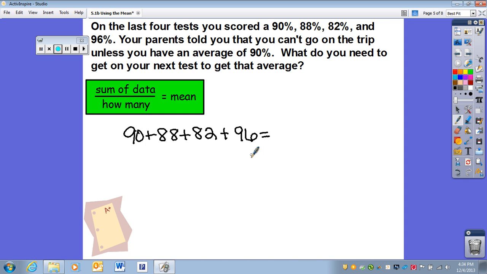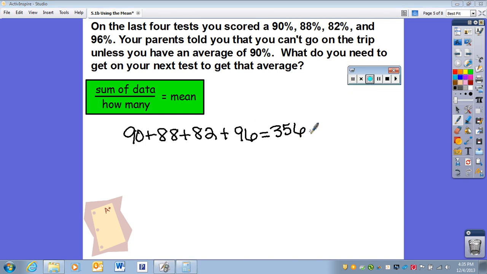So when I add those together, I get a sum of 356. If I divide that by 4, that gives me an average of 89%. I'm not quite there.